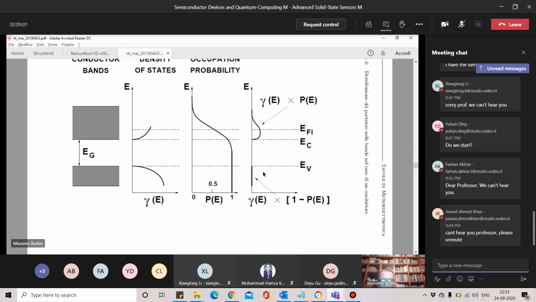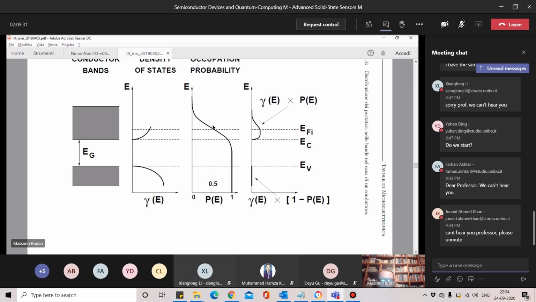On the other hand, if we don't have any hole, that means that there are no empty states in the valence band. That is, the valence band is completely occupied by electrons. So you remember it cannot contribute to the electric conduction. The conduction band instead can, because the Fermi statistics is smaller than 1.